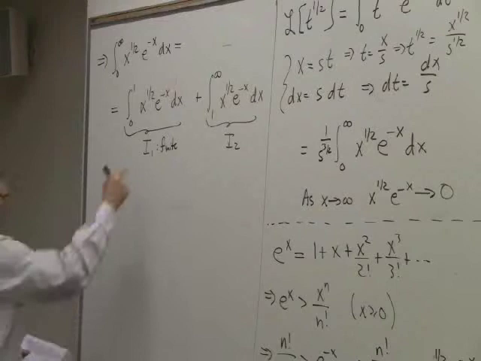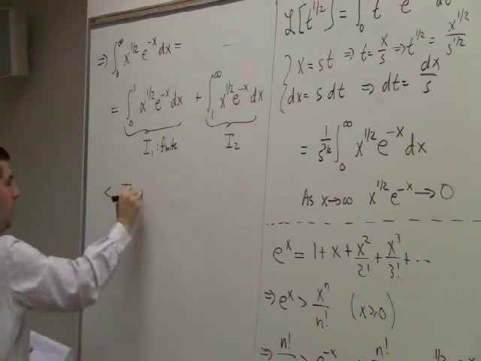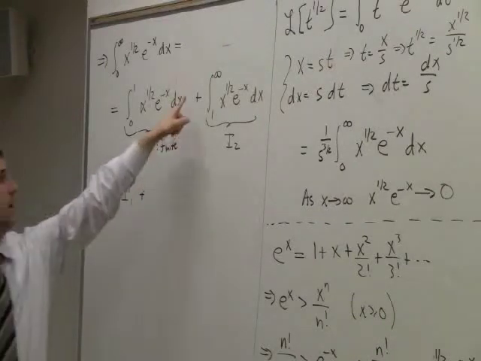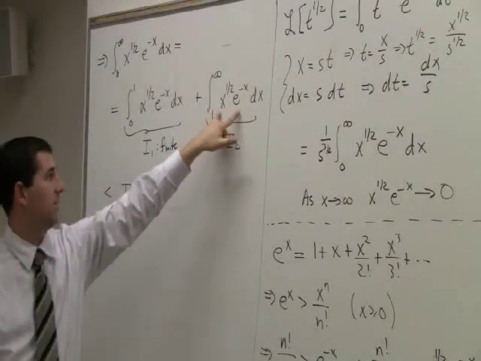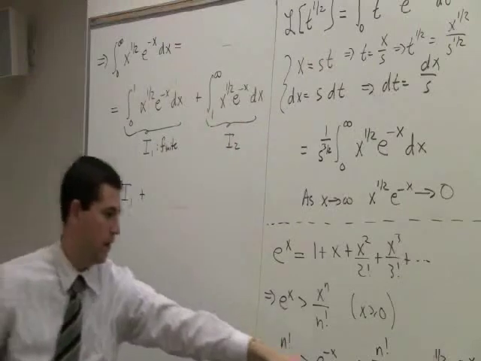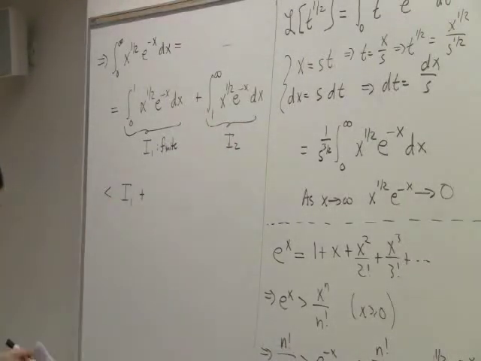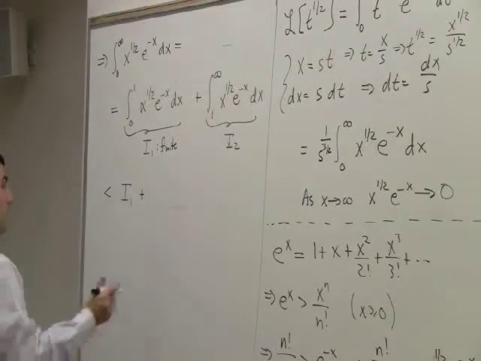And we know that this is going to be less than, well, I can keep the I1 there, plus this integral is going to be less than the same integral where I replace this integrand with what we know is bigger than it. Good.